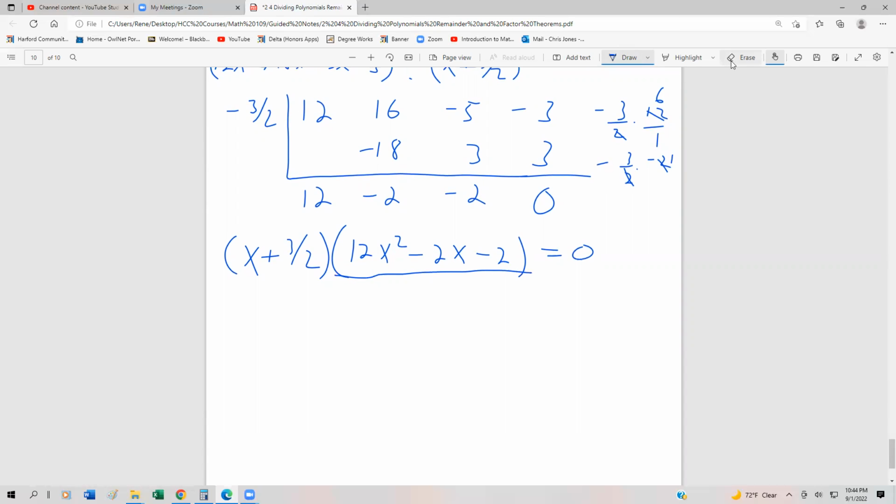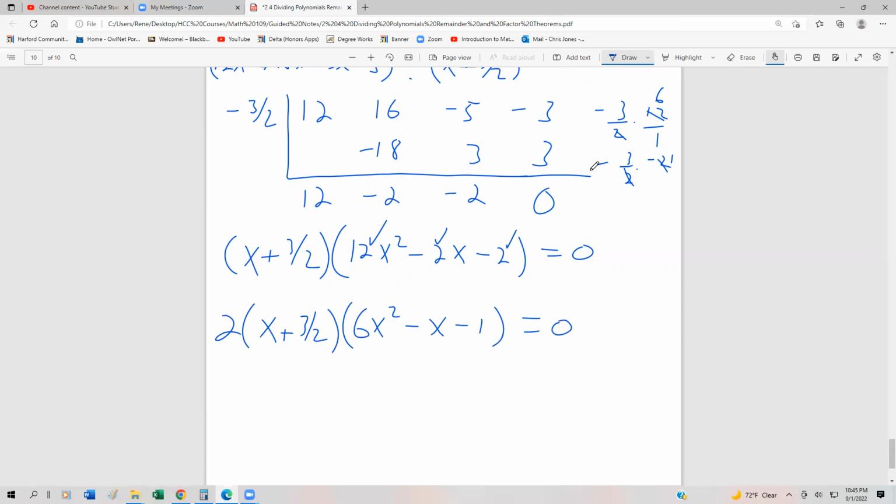In this case, we can factor it, I believe. Notice that there's a greatest common factor of 2. All the terms have a 2, so I'm going to factor a 2 out. I'm going to put it all the way out front. We have x plus 3/2, and then we're left with 6x squared minus x minus 1 equals 0.